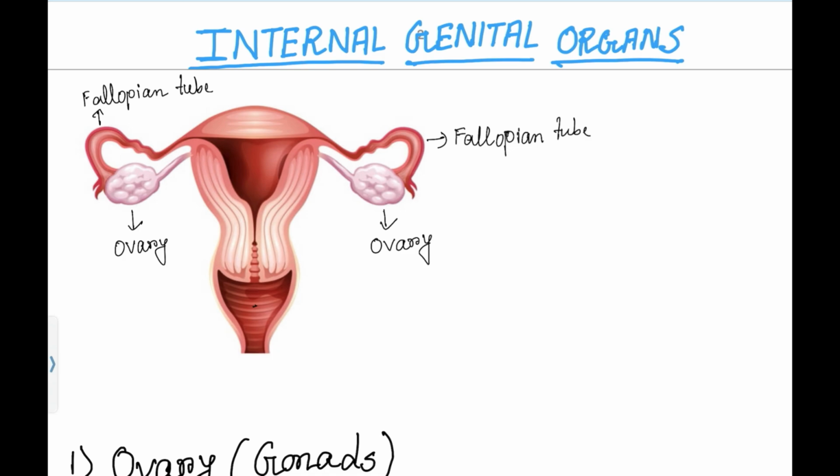Uterus, this is the part of your uterus. This is also an internal genital organ. Then this is called the internal os. This small one is called the external os.